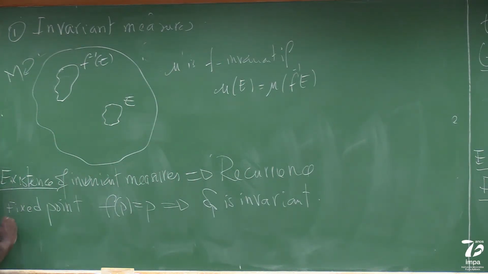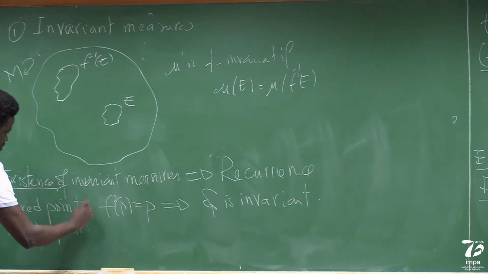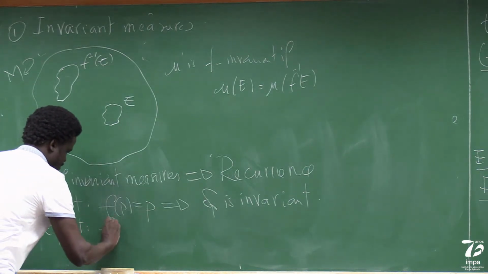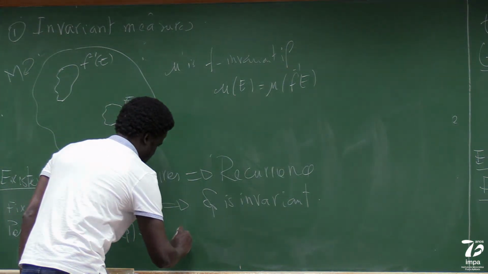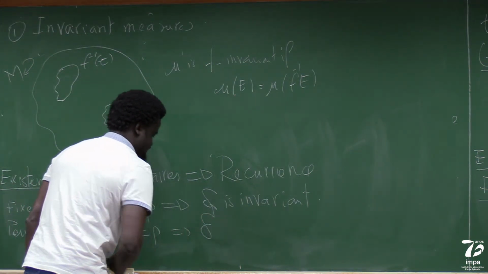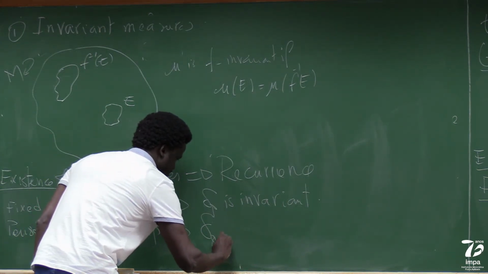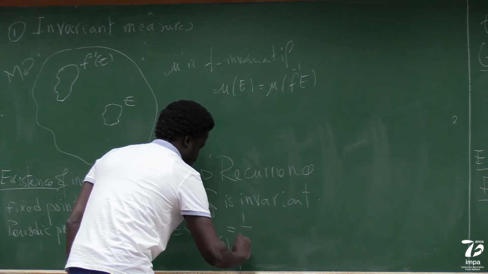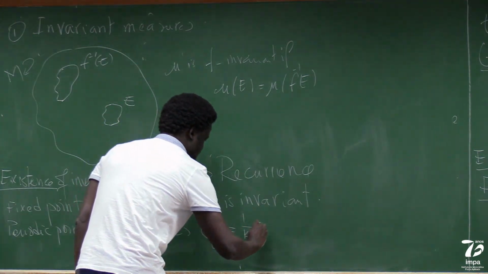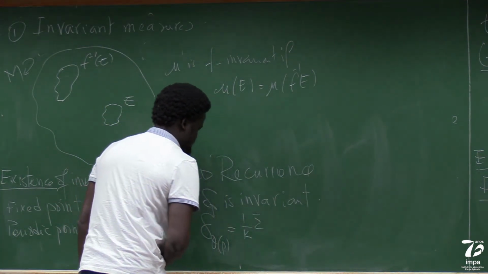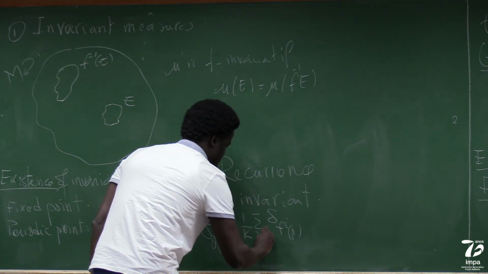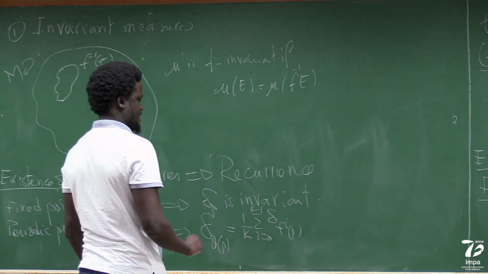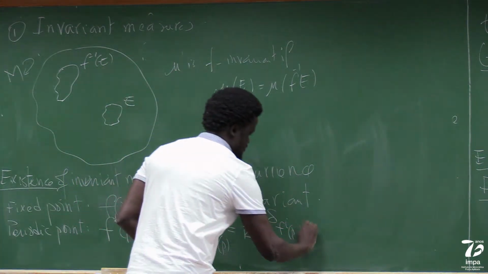Also, if you have a periodic point, meaning that you have some k such that f^k of p equals p, then if you take the delta along the orbit of p, defined by 1 over k times the sum of delta at f^i of p for i equals 0 to k minus 1, this is an invariant measure.